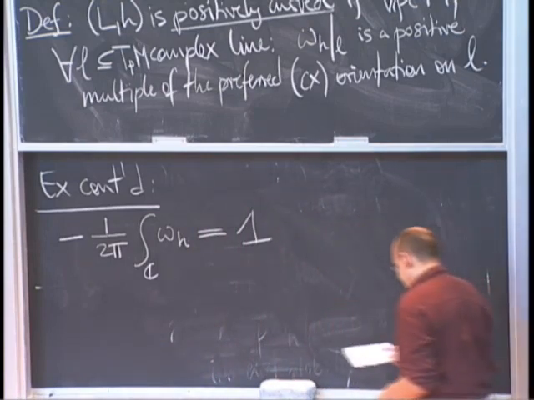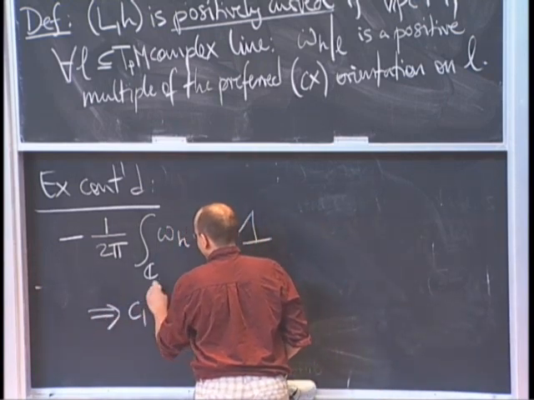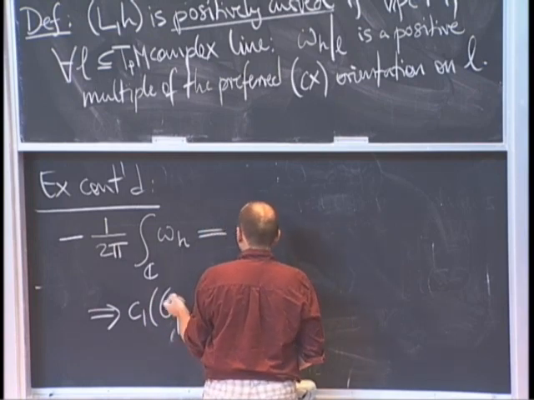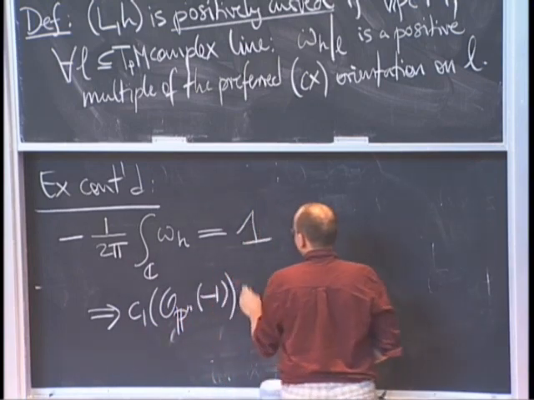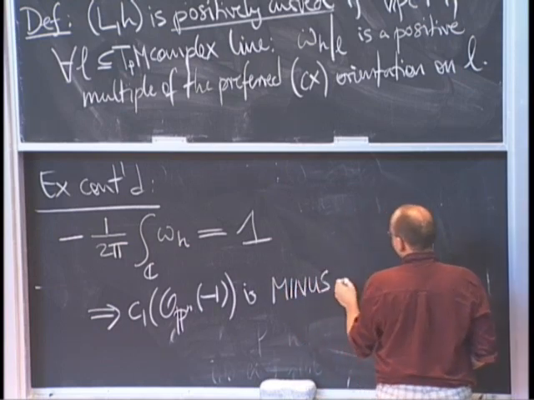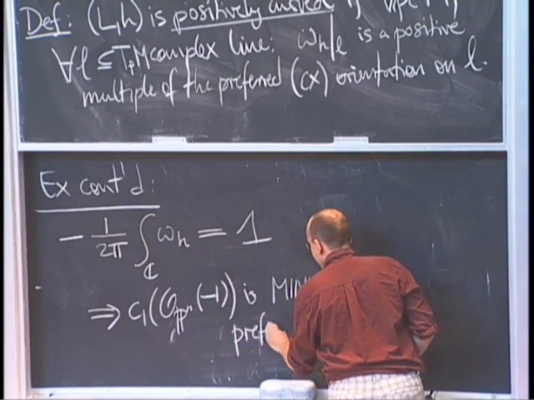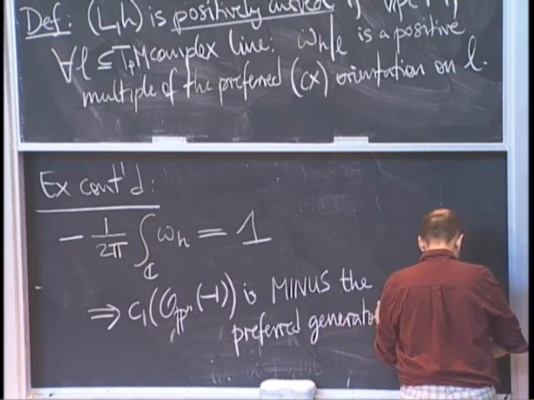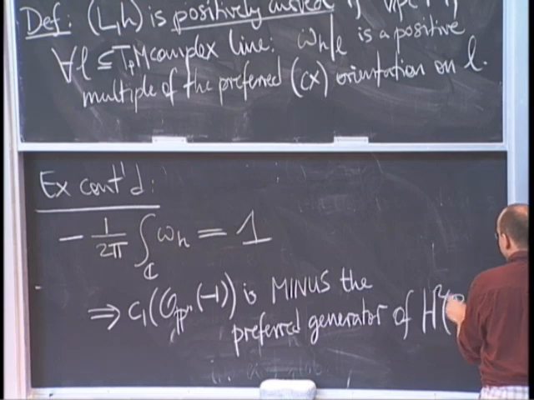So this means that the first Chern class of O of minus 1 (I only checked it for P1, but it's actually true for Pn) is minus the preferred generator of the second cohomology of projective space.